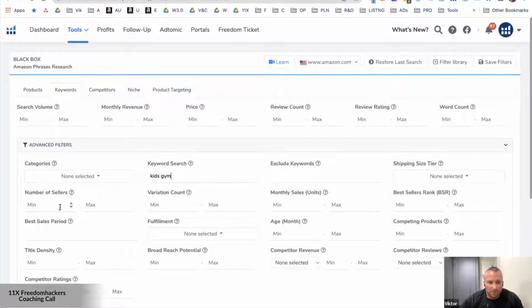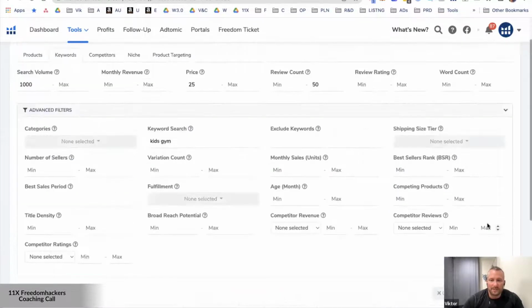Of course, number of sellers. I don't want variation count, actual keywords, review max. Let's find 50 reviews, price $25 up. Search volume, let's put in 1,000. Maybe we'll find something. Let's see.